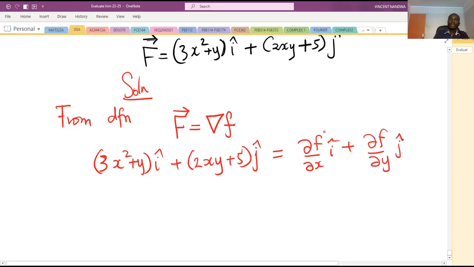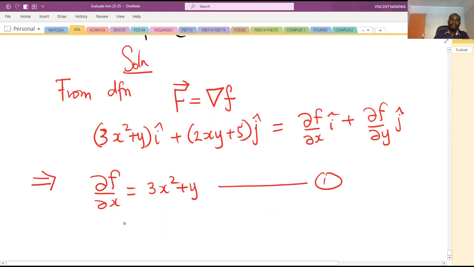So this is the definition of the gradient of this potential function for this scalar. So for this equality to make sense, then partial f partial x must be 3x squared plus y. Call this one equation 1.